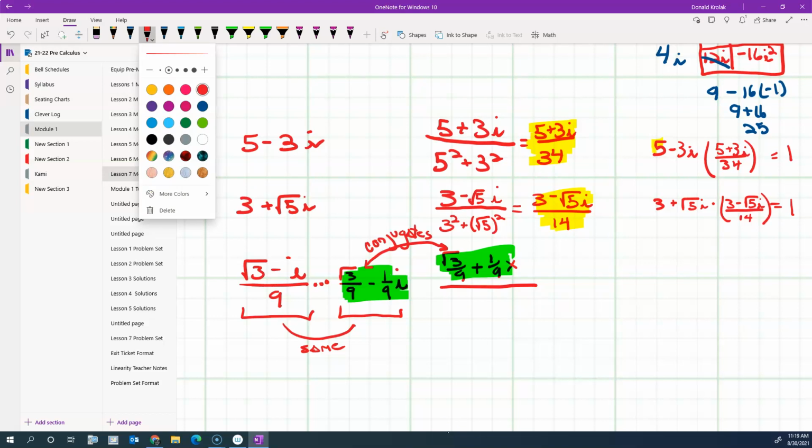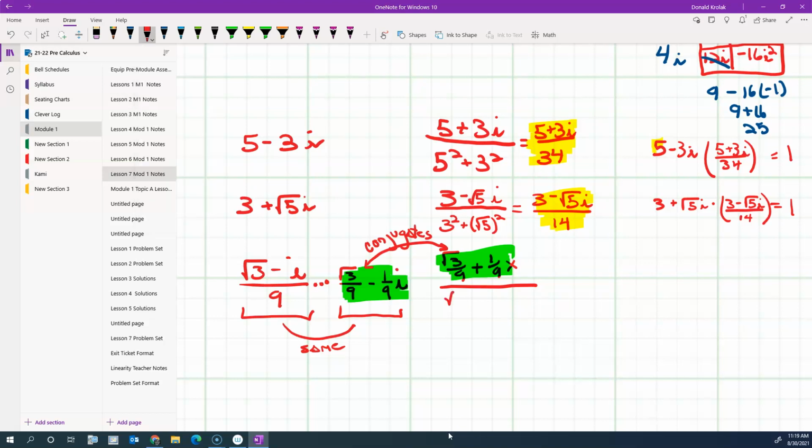So you're going to have what? Root 3 over 9 squared plus negative 1/9 squared.